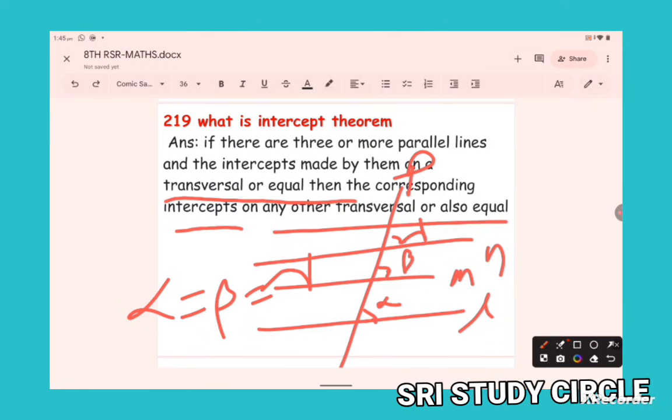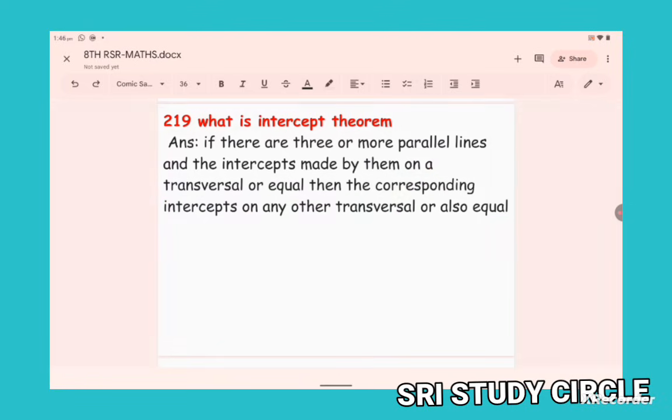All these are corresponding angles. Corresponding angles means two angles on the same side of the transversal, one interior, another one exterior, right?